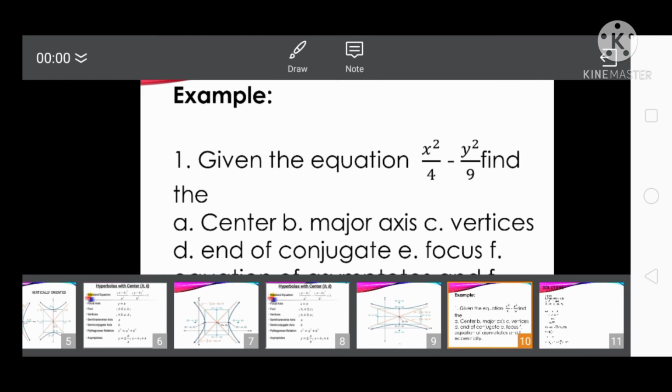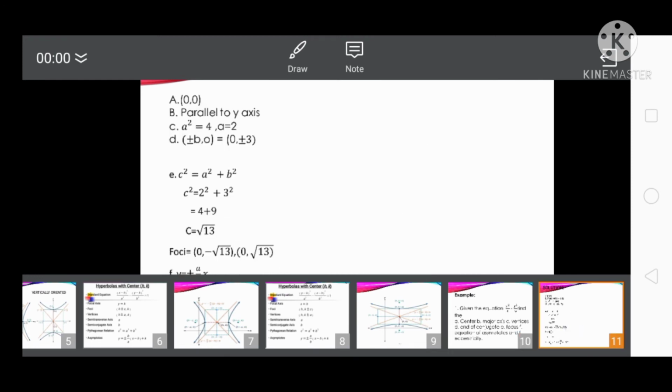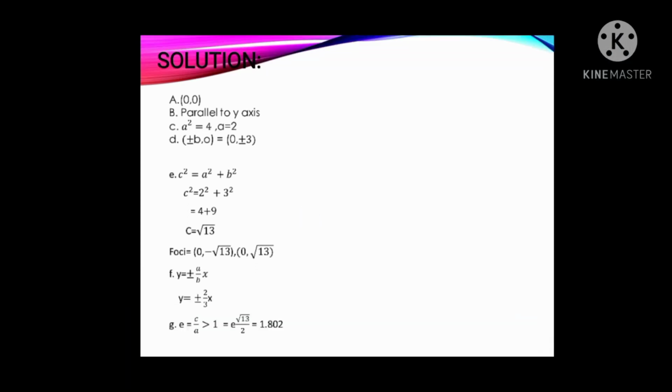Then D, what is asked is the endpoints of the conjugate axis: positive negative b, and 0. So 0, positive negative 3. That is the conjugate axis. By the Pythagorean relation, c squared is equal to a squared plus b squared.